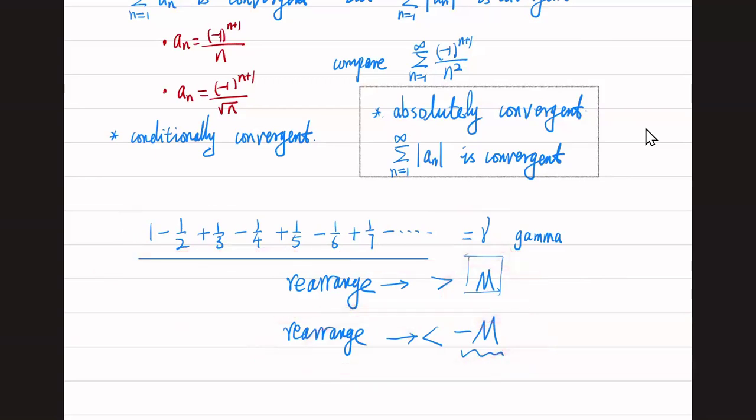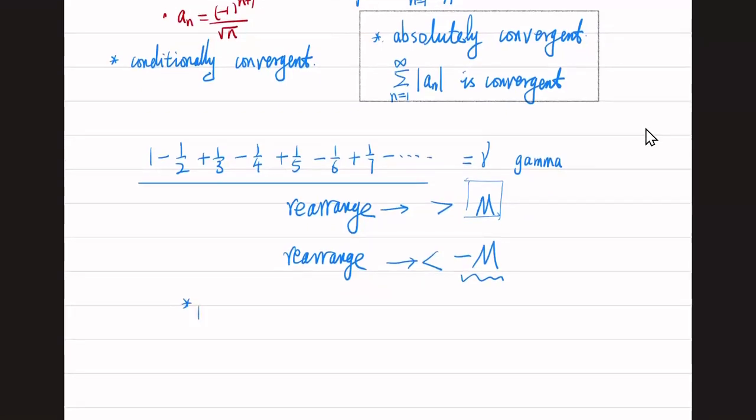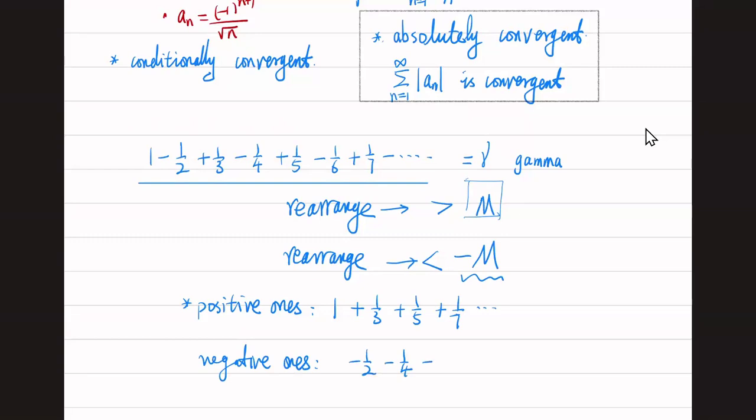The point is if we consider the positive ones, 1, 1/3, 1/5, and the negative ones, 1/2, 1/4, 1/6, both are divergent.